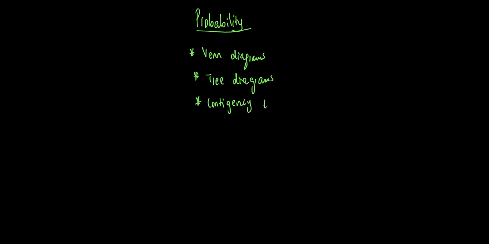In terms of probability, concepts that we need to revise, especially from grade 11, are Venn diagrams, tree diagrams, contingency tables, and dependent and independent events.